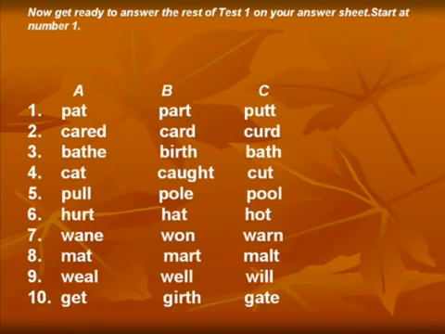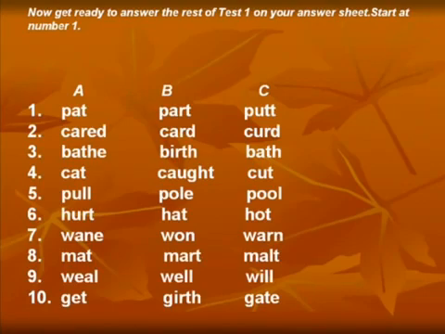Start at number 1. Number 1. Part. Number 2. Curd. Number 3. Birth. Number 4. Cat. Number 5.